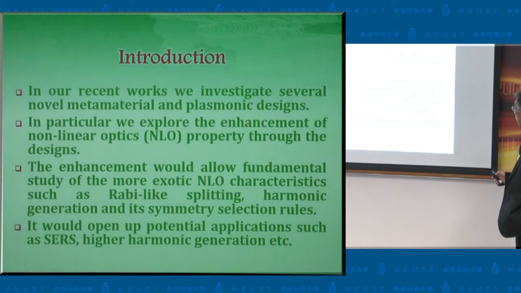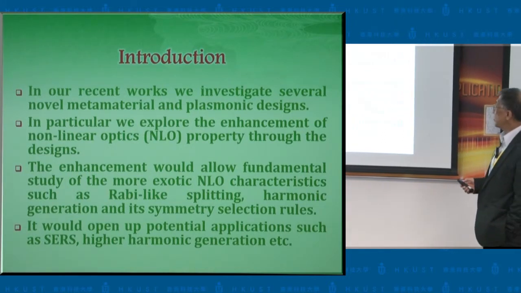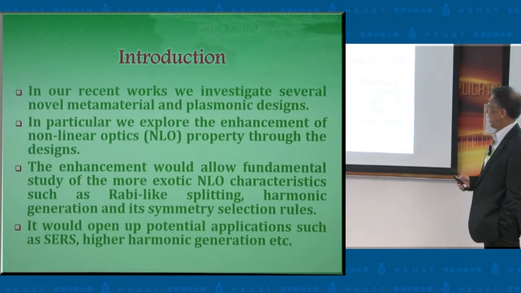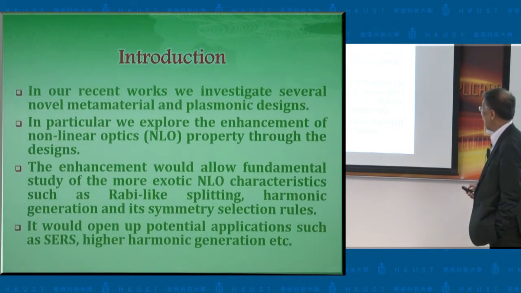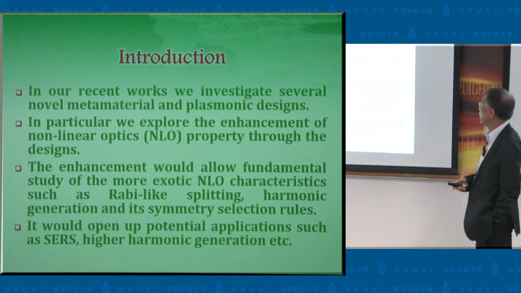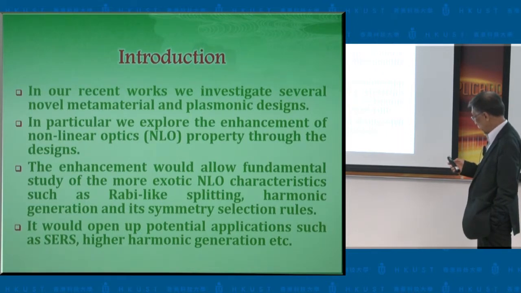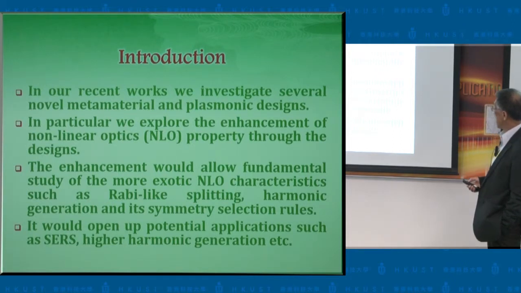We've been working on the plasmonic materials for quite some time now, and we are gradually focusing on some of the designs, using a metal plasmonic material to enhance the NLO properties of the materials, and particularly we're looking at how we can couple SPP to the NLO properties so that we can enhance it.